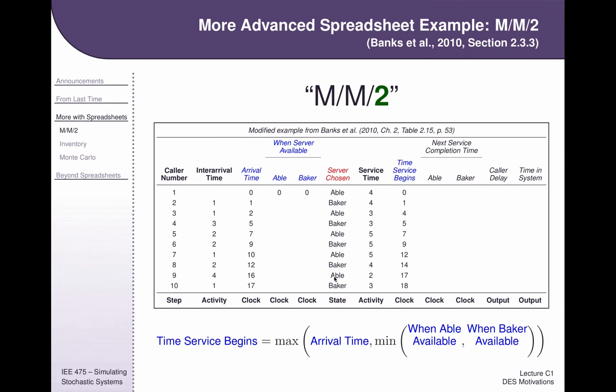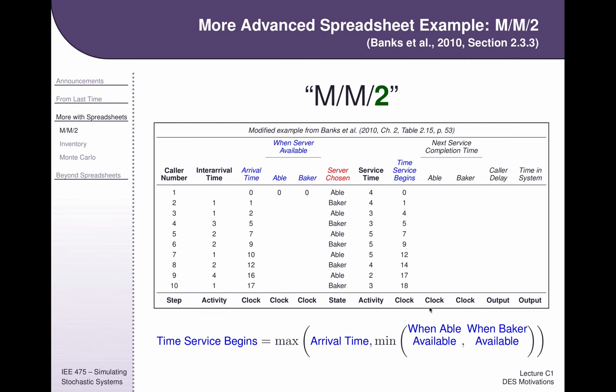All right, so then we need to figure out the time that the service begins. Well, just like before, it's going to be whatever comes later, the arrival time of the customer, or the time in which a server is available. Now, before we only had one server to worry about. Well, now we have two servers to worry about.